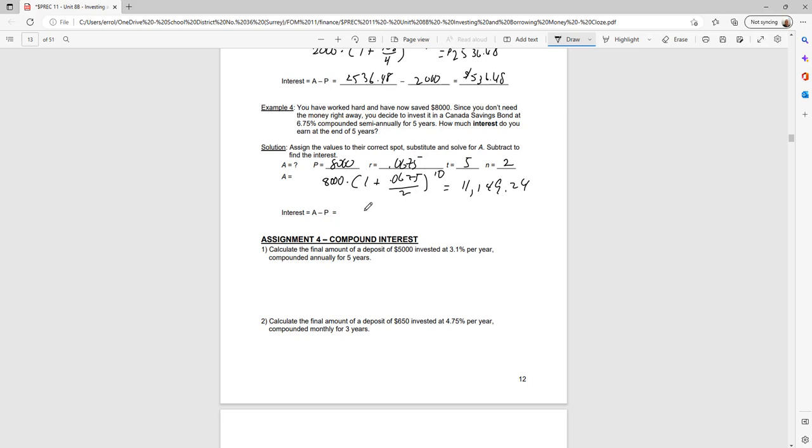But if you're interested in just the interest, we are going to subtract 8,000 from $11,149.24. So you would have earned approximately $3,149.24. Okay, and hopefully this makes sense.